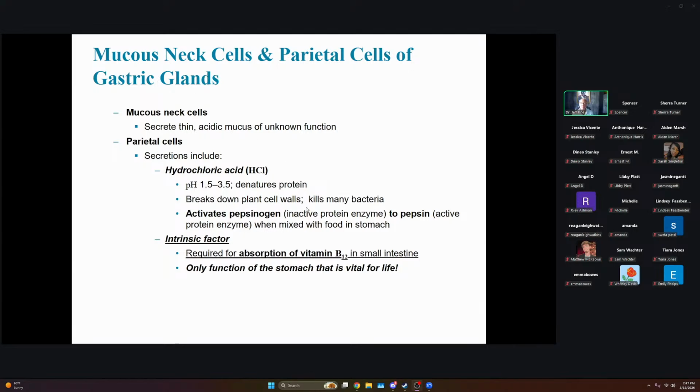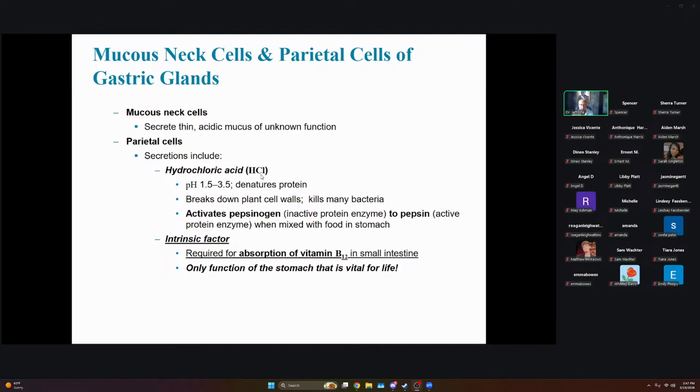Along the way, we talked about in the oral cavity that in food and beverages that we ingest, sometimes there are bacteria or pathogens or something harmful that comes attached to our food. If something made it as far as the stomach, the extremely acidic nature of hydrochloric acid helps to kill off any bacteria or threats that might make it this far.